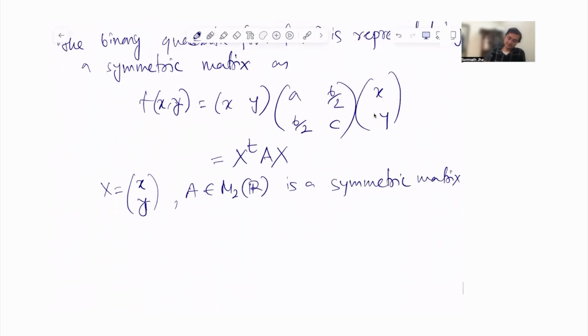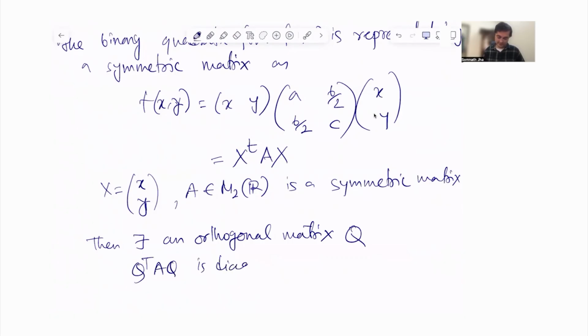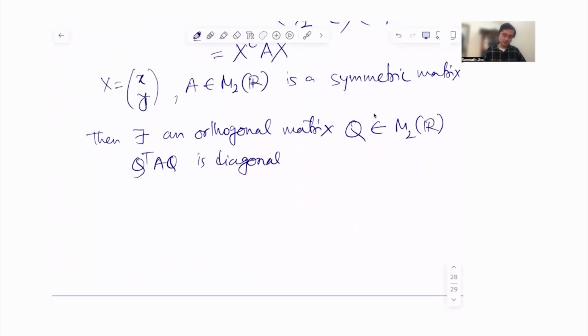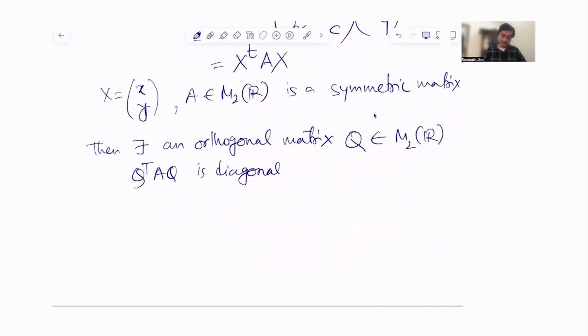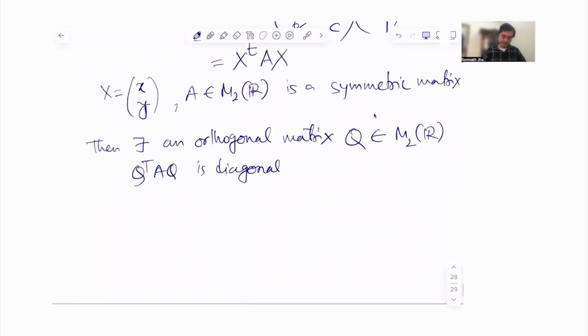Then we know that there exists an orthogonal matrix, let's say Q, such that Q transpose A Q is a diagonal 2 by 2 matrix. Further, the eigenvalues are real.